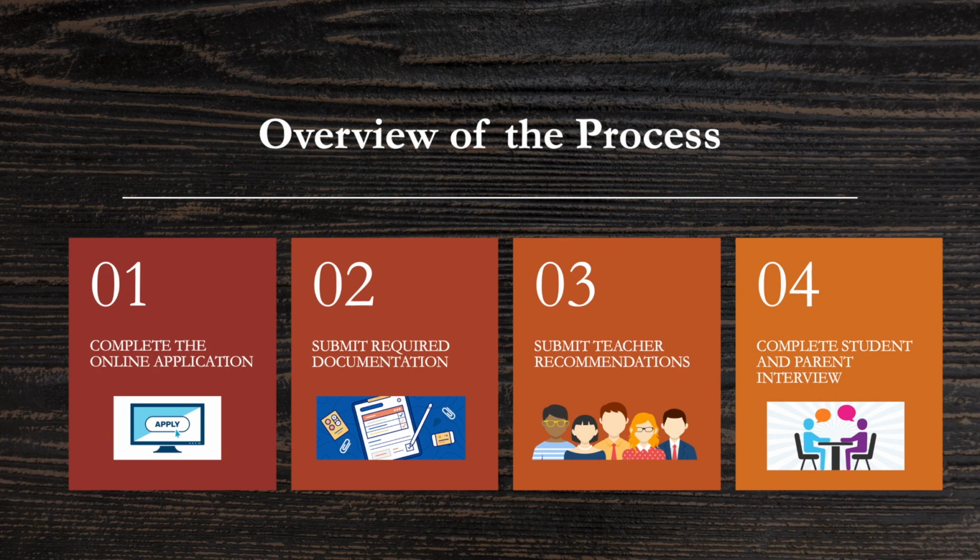The third step is to submit teacher recommendations. You don't necessarily have to submit them yourself, but we will show you how you can ask your teachers for the recommendation. The fourth step is to complete the student and parent interview. And yes, both the student and the parent will be interviewed.